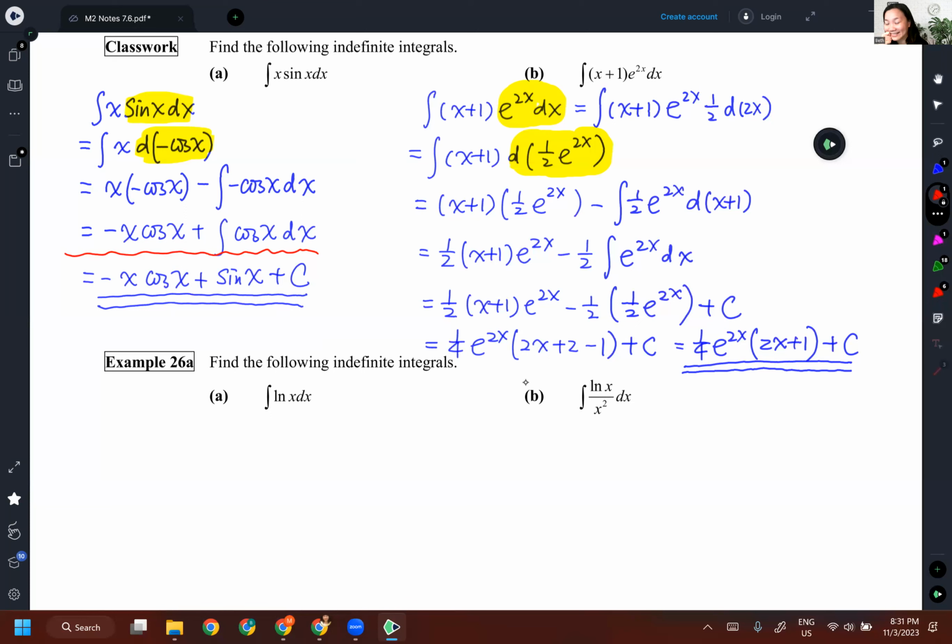Now it's uv minus v du. You see, if I put 1 over 2 inside, then that's uv minus v du like that. But I use one step to sort out the coefficient. The 1 over 2 I put in front, and finally the 1 over 2 I also put in front, without bracket.